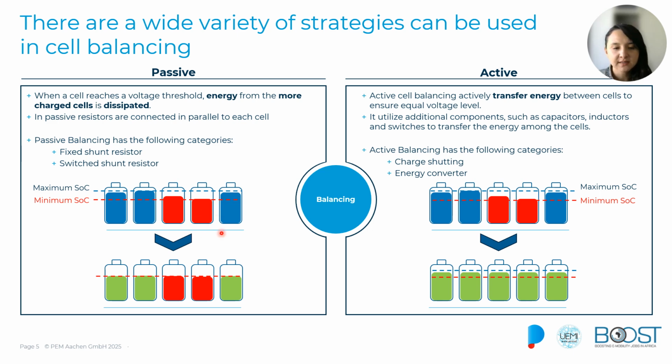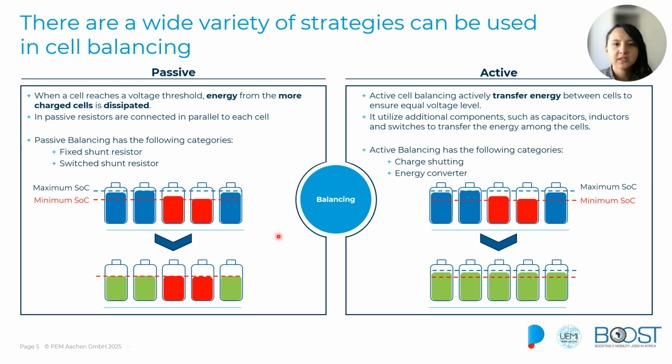In this case, all of the cells that have a state of charge higher than the one with the minimum state of charge, that is this one, will need to drain the excess of charge. So as you can see here, cells 1, 2, even cell number 3 a little bit, and cell number 5 will start draining that energy until they all have the same state of charge.